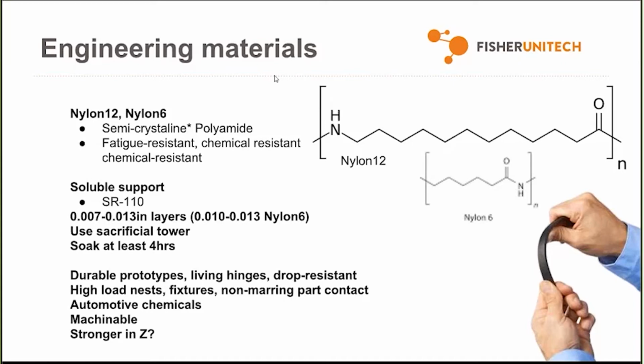Anyway, for 3D printing, all nylons use soluble support, SR110. Nylon 12 builds with layer heights of 5/1000 to 13/1000 of an inch. If you're using nylon 6, it won't build at 7 thou. And currently, nylon 6 is also only available on the Fortis 900, but we are told that it will be available on the 450 pretty soon.